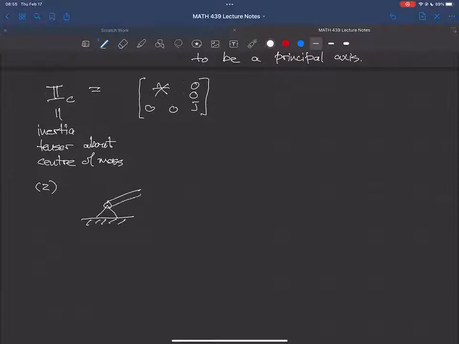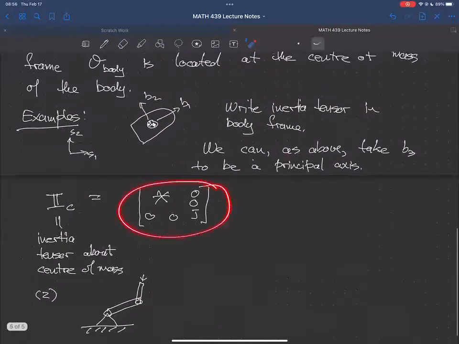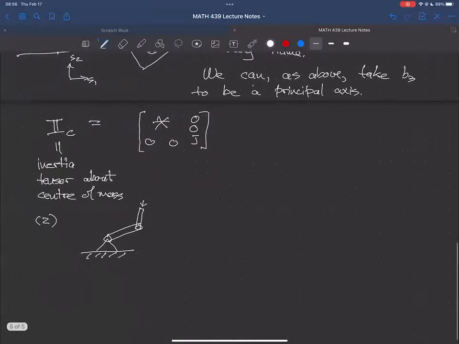And the reason is that this stupid robot example is planar. Okay, so I have two bodies, but the motion of the bodies is planar, and so I'm going to get inertia tensors that look just like that. Again, they may not look just like that, but I can assume they look like that without loss of generality.